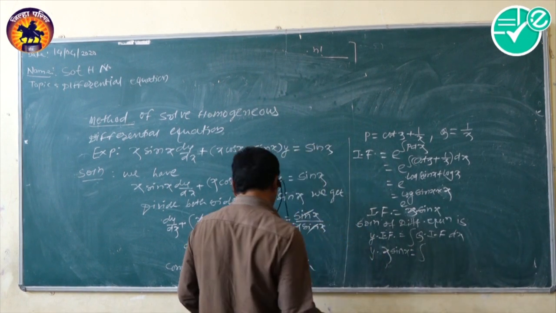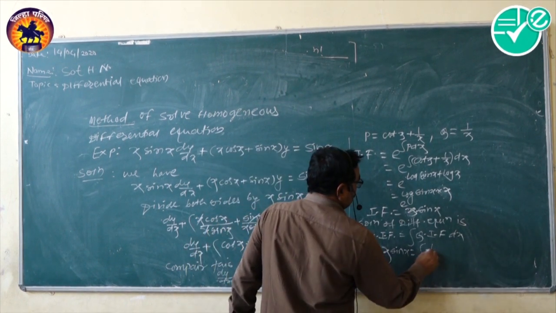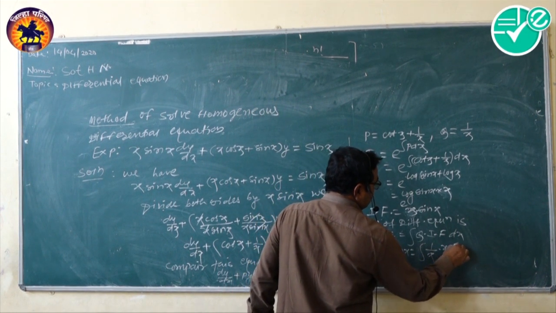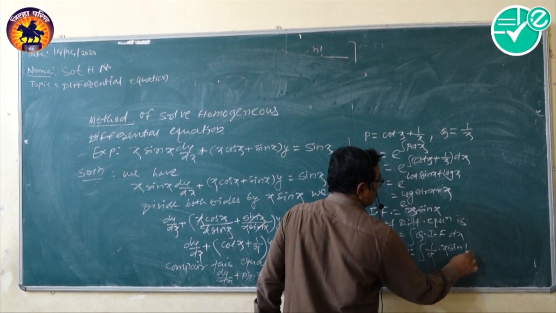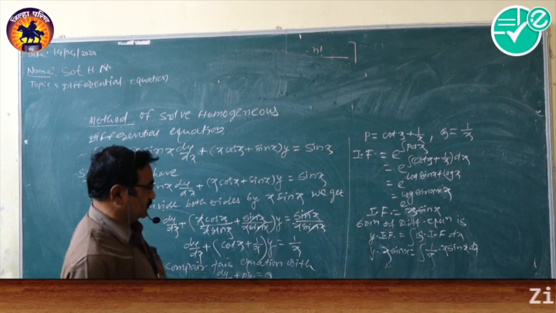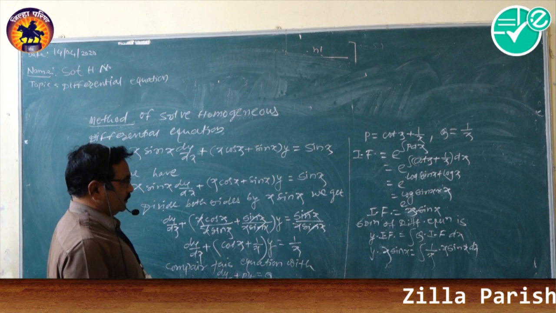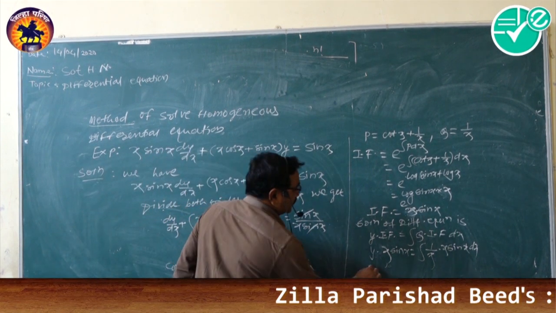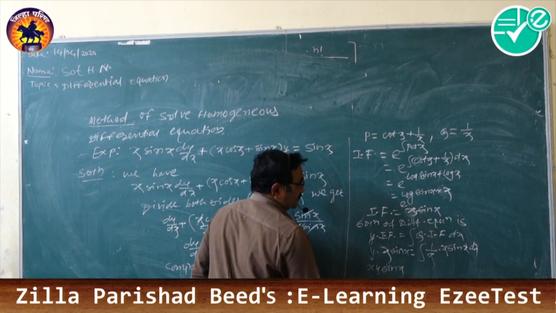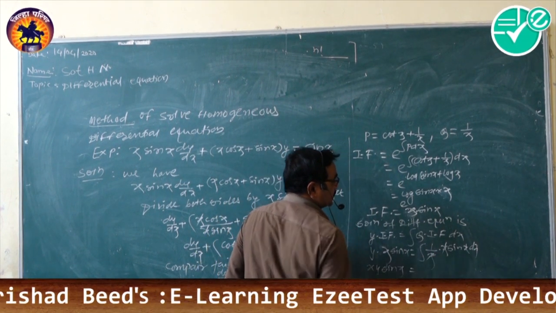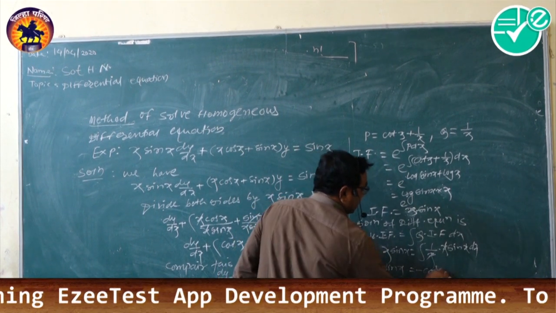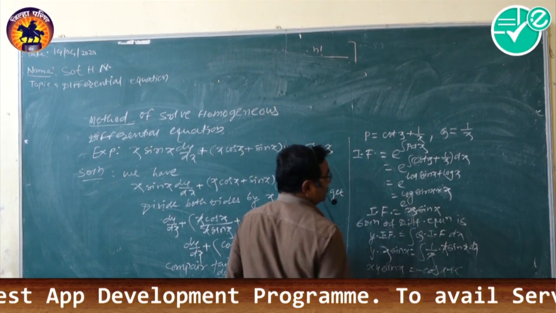What is the value of q? Q equal to 1 upon x into x sin x dx. After that, xy into sin x is equal to, x and x cancel, this is minus cos x plus c.